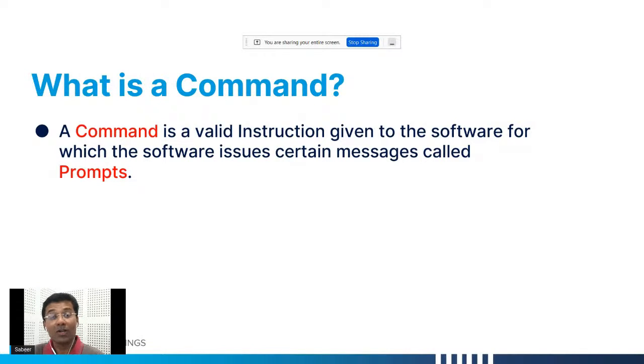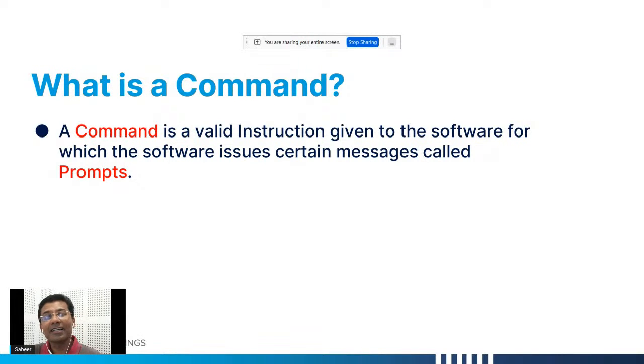So a command is an instruction given by the user to the software. As soon as the software gets a command, it decodes it, and it will give you certain messages in return, and these messages are called prompts.